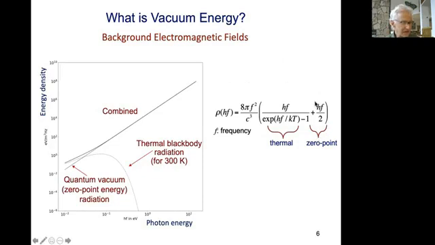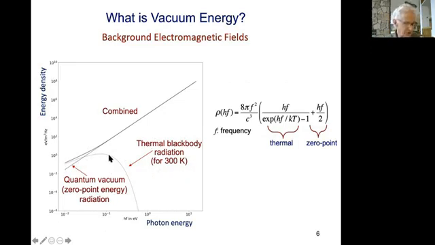If you take a look at the energy density, the amount of energy that there is in free space as a function of photon energy, so this is how much energy each particle of light has, you'll see that there is this thermal background radiation. And this is the thermal background radiation at room temperature, which is about 300 Kelvin.